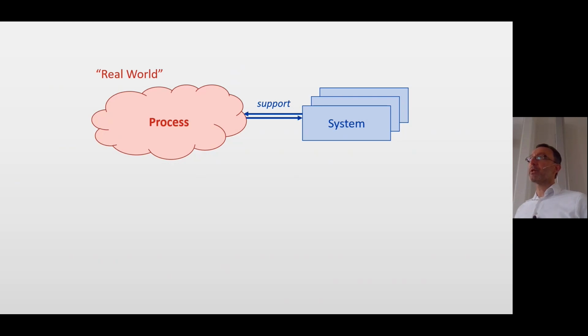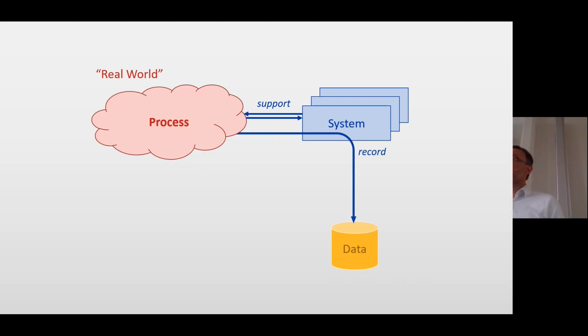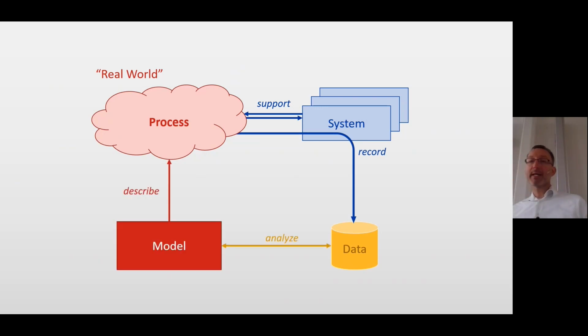They're there to support these processes, but sometimes also the processes support these systems. What matters for us is that through these systems, we can record data, and we can analyze this data to obtain models or compare the models that we have with the data. And these models are there to describe the processes, but also to improve them. This is a picture that Wil van der Aalst created, I don't know, 15 years ago, and it's still valid.